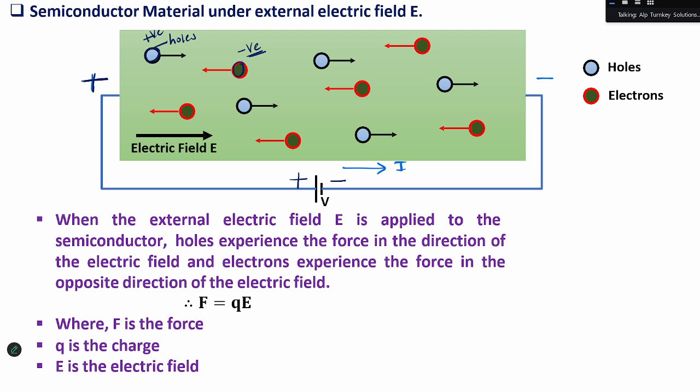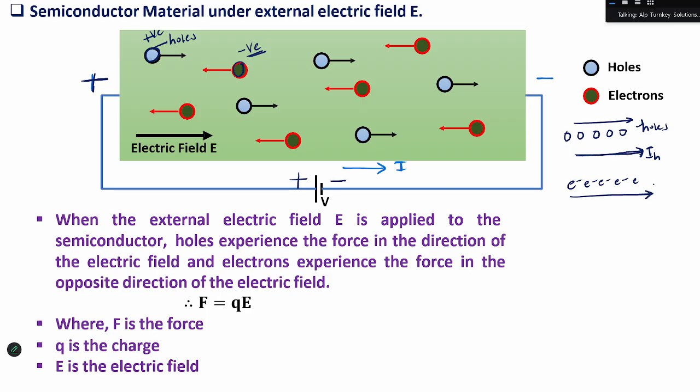So there are two types of currents. Suppose holes are moving like this. The hole current is in the same direction as the holes. Next, electrons are moving like this.